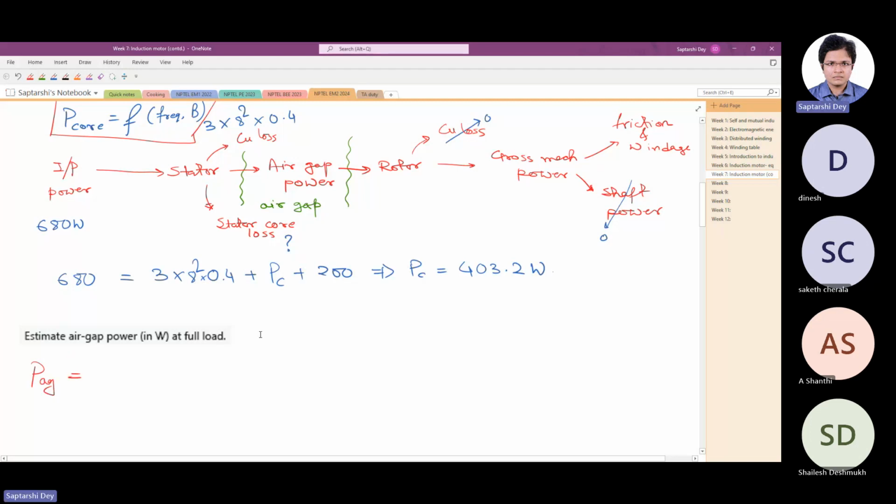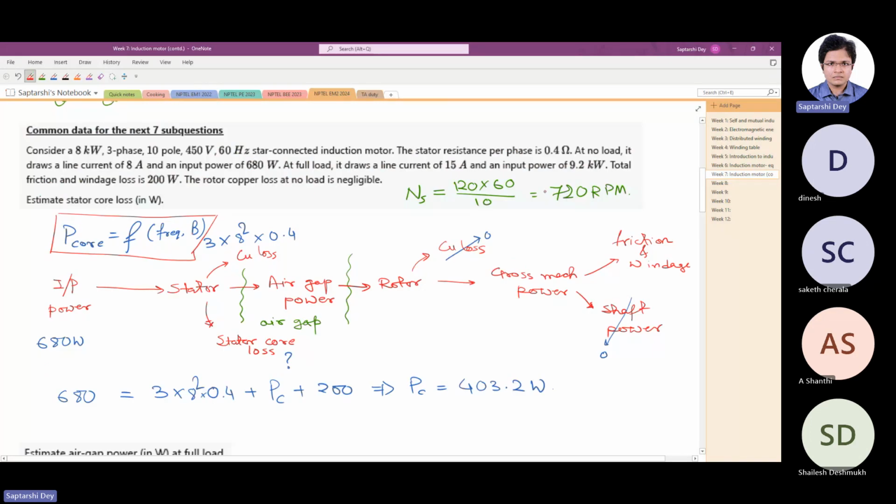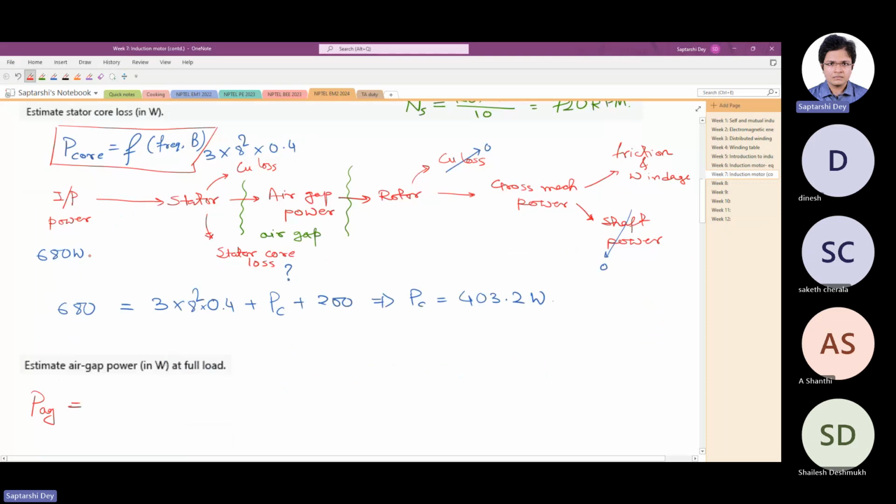What all do we have in full load? A full load input power is given, 9.2 kilowatt. So air gap power is simply, from this diagram again, 9.2 kilowatt input power minus stator copper loss.